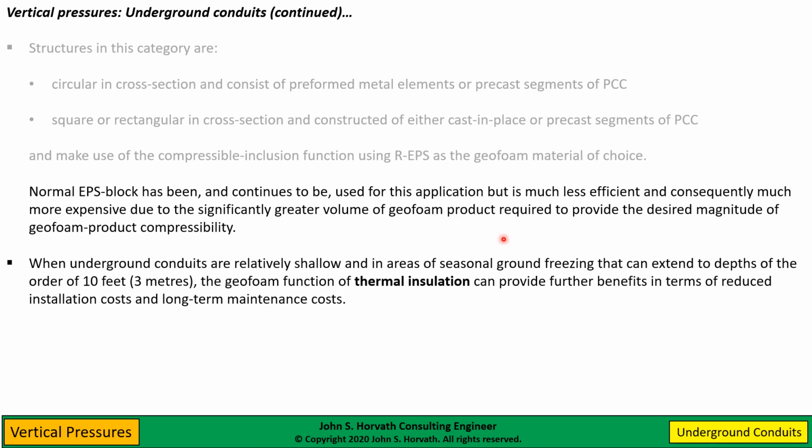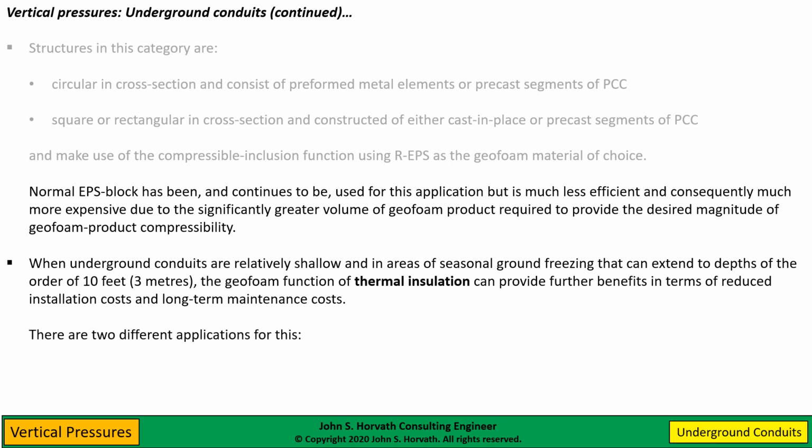But we can have seasonal ground freezing to depths of the order of 10 feet or 3 meters. Beyond that, you tend to transition to areas of permafrost or semi-permafrost. So the rule of thumb is that seasonal ground freezing in the extreme could go to depths of 10 feet, about 3 meters. So we can make use of the thermal insulation function to reduce installation costs.